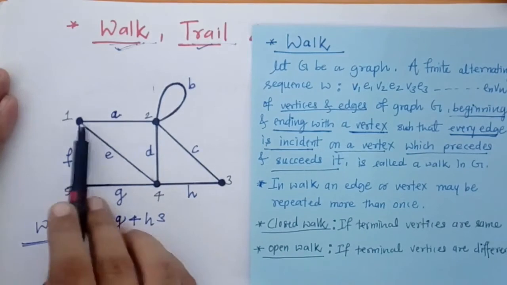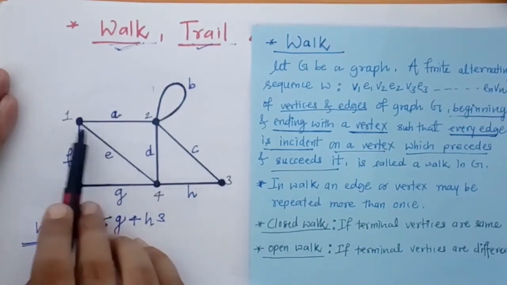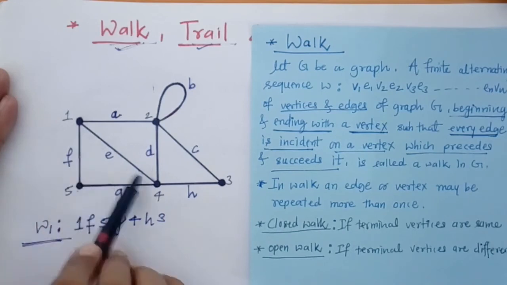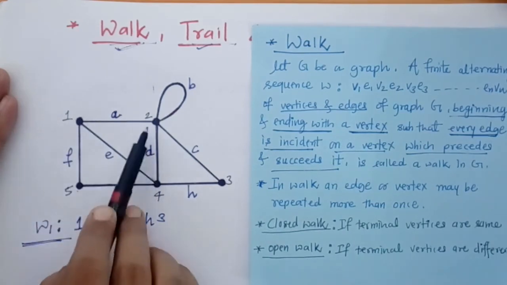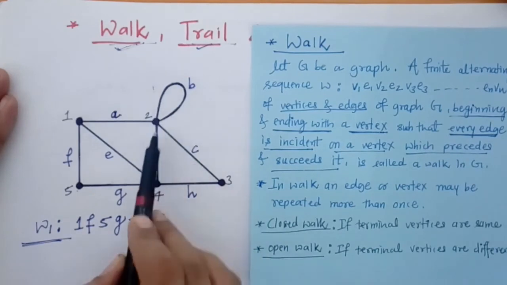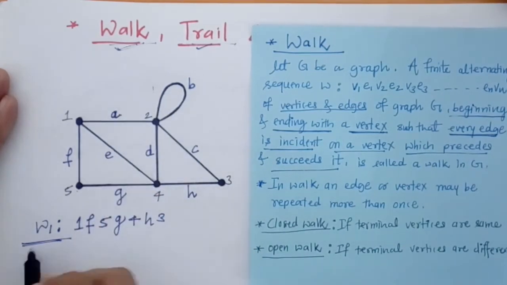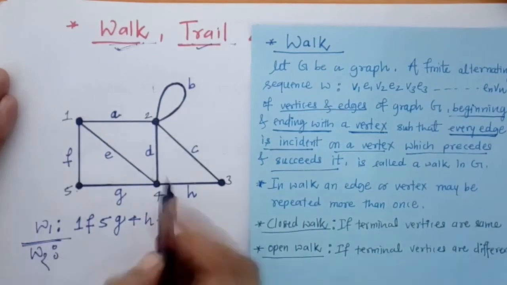Now another way we can travel from vertex 1 to 3 here. Yes, we can travel from vertex 1 to 4, then here 4 to 2, then by this loop, again traveling this. Yes, this we can also write as a walk.